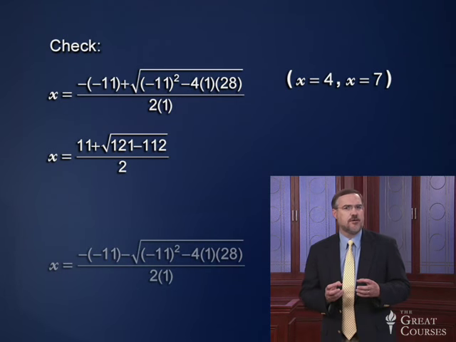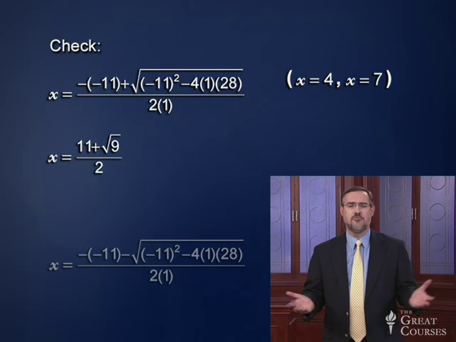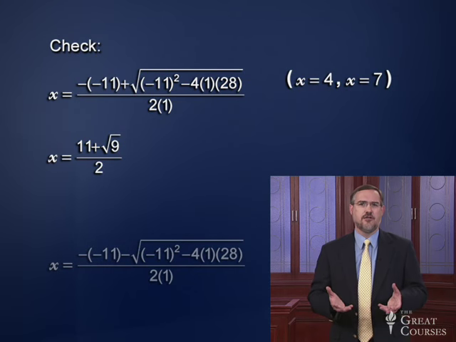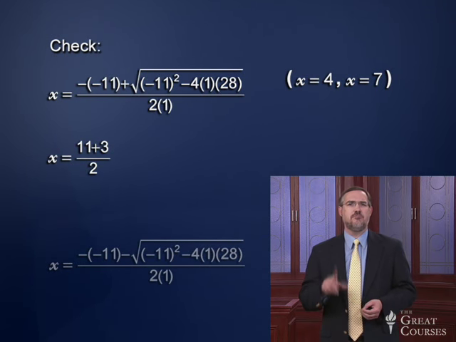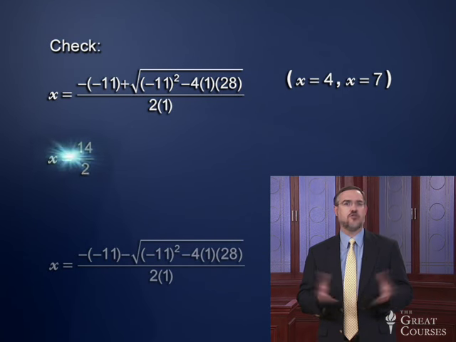And now this cleans up even more. X is now 11 plus the square root of 9, because 121 minus 112 is just 9, all divided by 2. The square root of 9 is just 3, so x equals 11 plus 3 divided by 2, or 14 divided by 2, or 7.